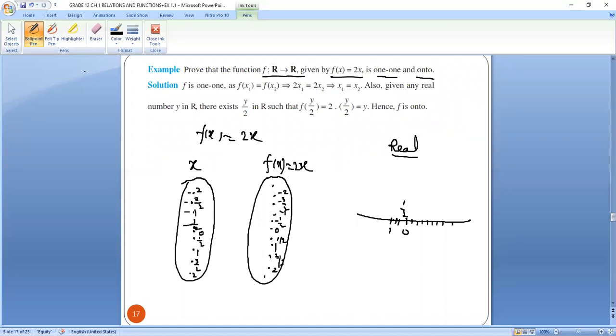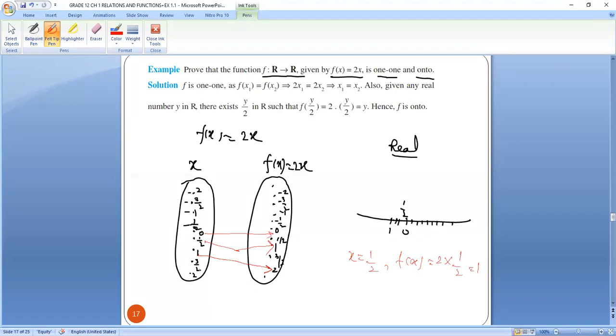Now, if I'm taking x is equal to 1, then in the other set, my mapping will be with 2. If I'm taking x is equal to 1 by 2, then f of x will be 2 into 1 by 2, which is 1. So 1 by 2 will be connected to 1, right? If I'm taking x is equal to 0, f of x will be 0.